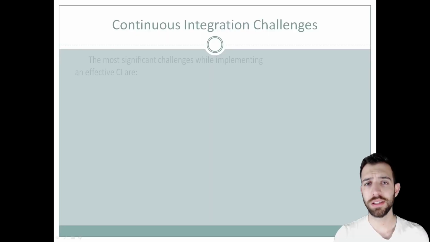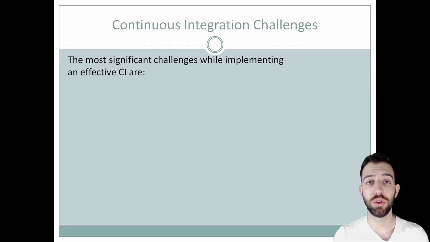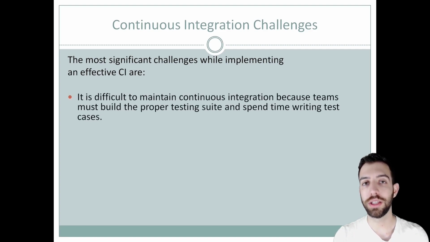The most significant challenges in implementing effective continuous integration are, at first, that it is difficult to maintain continuous integration because teams must build proper test suites and spend time writing test cases. This could slow them down and they will not complete their own tasks on time.